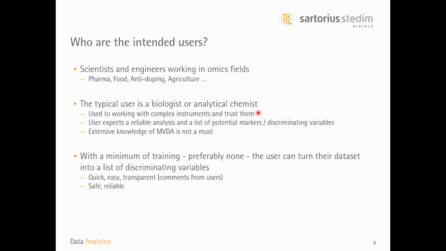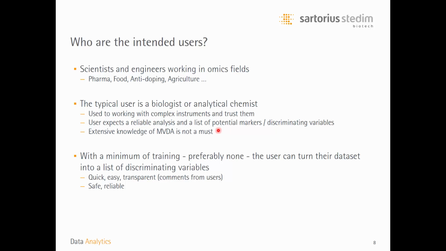And the value that these users are expecting or seeing in front of them is, in addition to a reliable analysis of their data, of course, that there will be some short list of potential biomarkers or discriminating variables separating the groups of samples that they are currently analyzing.